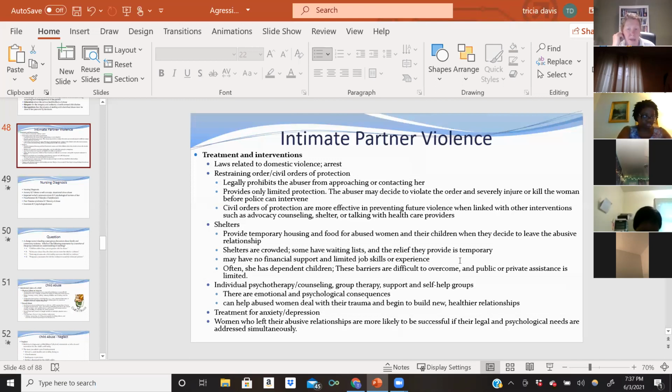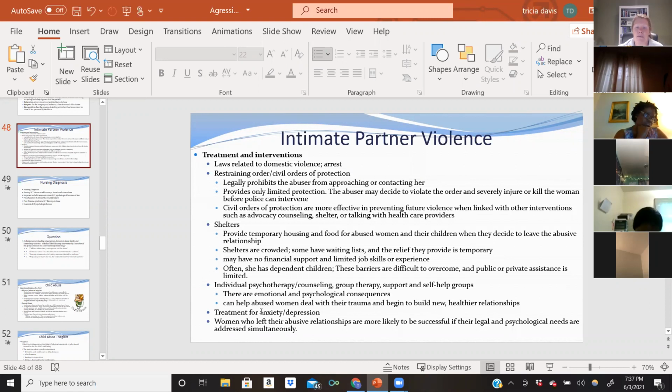It can help women deal with their trauma. It can help them learn from other people that have been in the same situation. They can be a good source of help for each other. It can open up doors for resources that other women used. It can help them build healthy new relationships and a network of people that they can depend on.